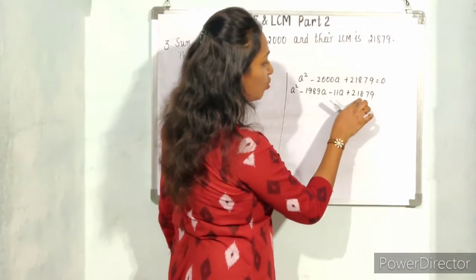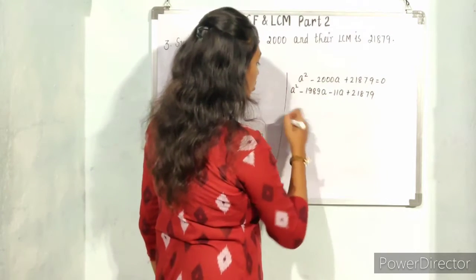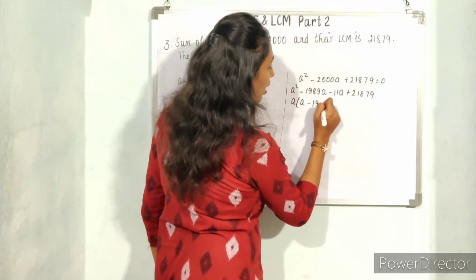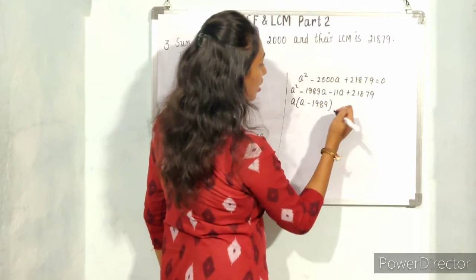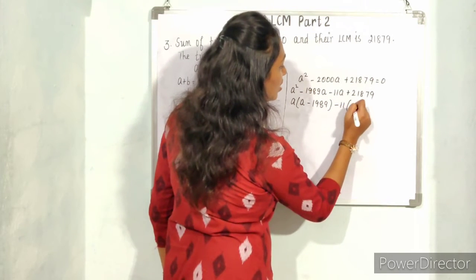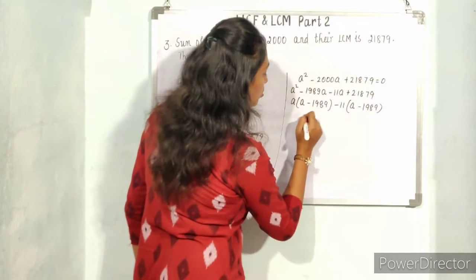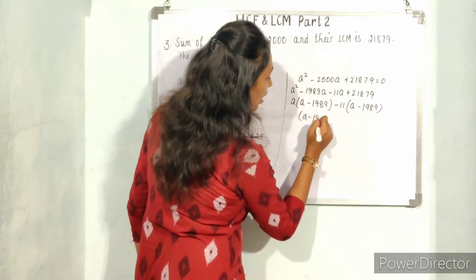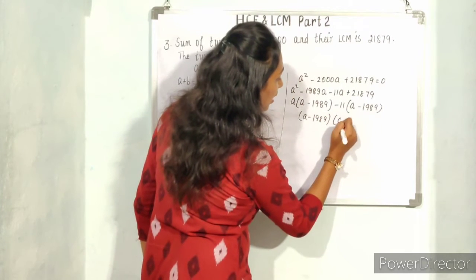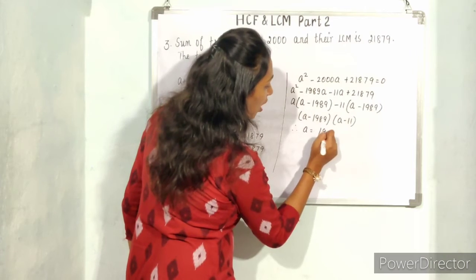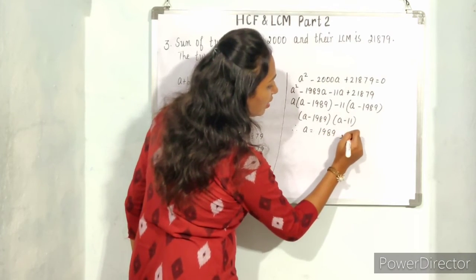So take the common factor outside. From the first two terms, A common gives A minus 1989, and from the last two, taking minus 11 common gives A minus 1989. So we have (A minus 1989)(A minus 11). Therefore the values of A are 1989 and 11.